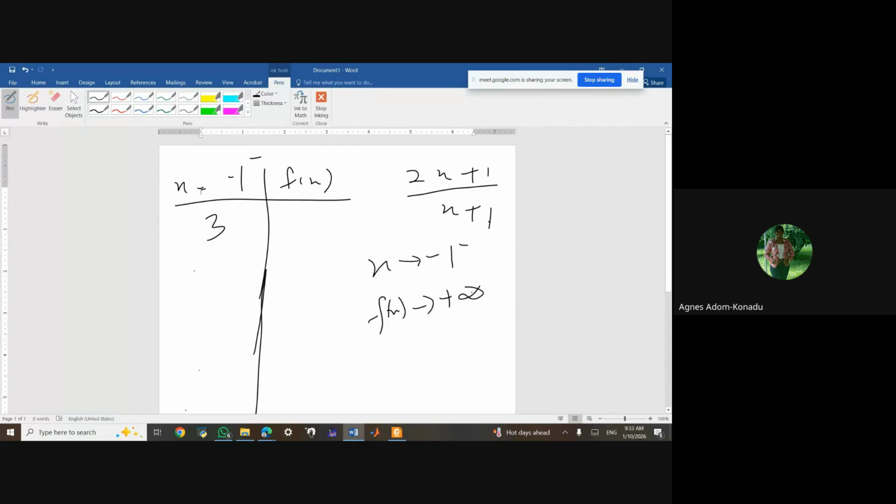What will be the value of f of x? 7 on 4, which is 1.75. Okay, so let's choose another one. Positive 2. So what do I get?